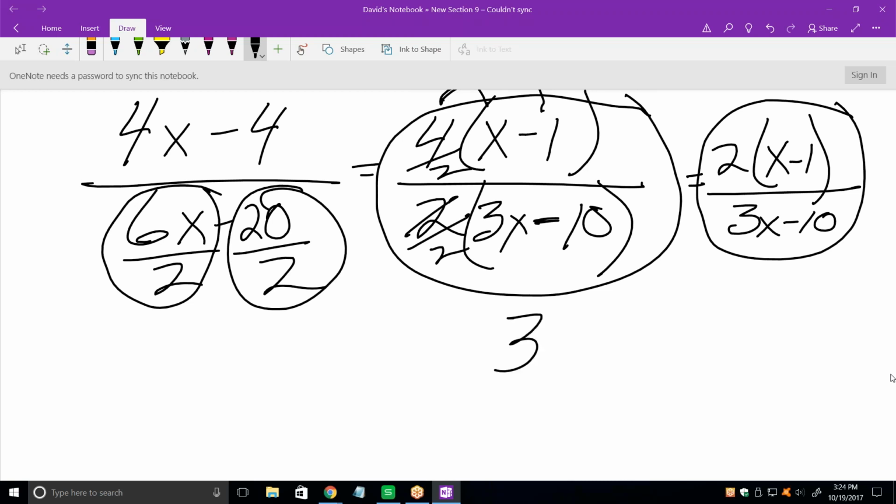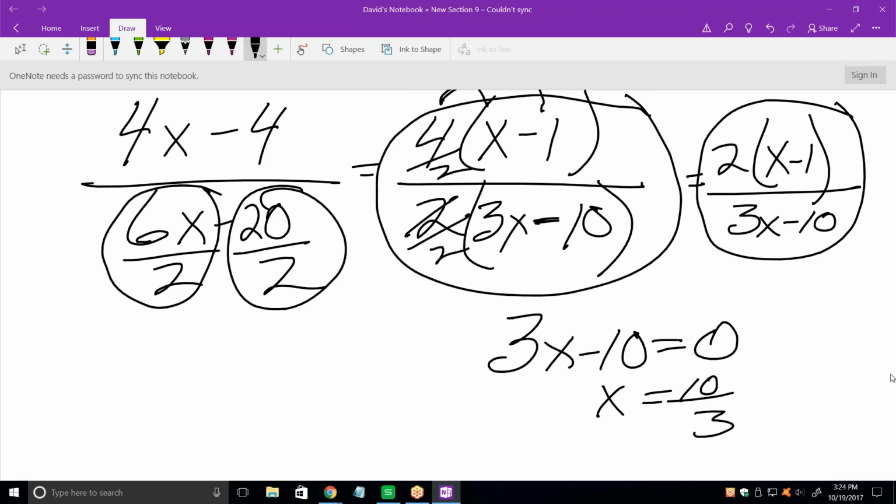So let's solve this equation. x equals 10/3. That's what it cannot be. If x were equal to 10/3, we would have a denominator of 0. Therefore, that's part of the answer.